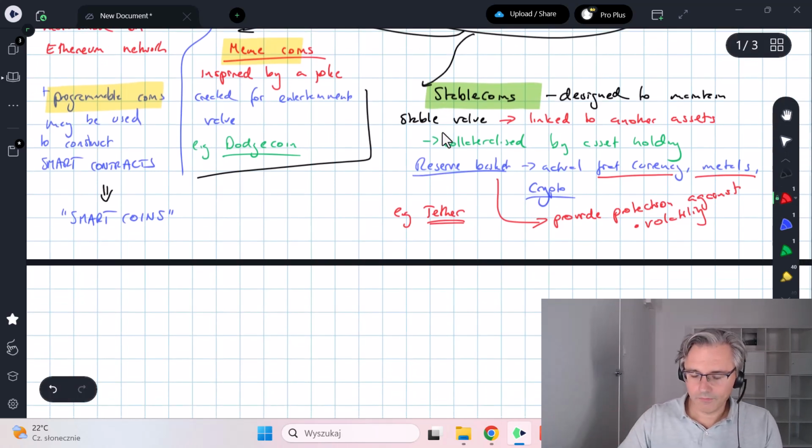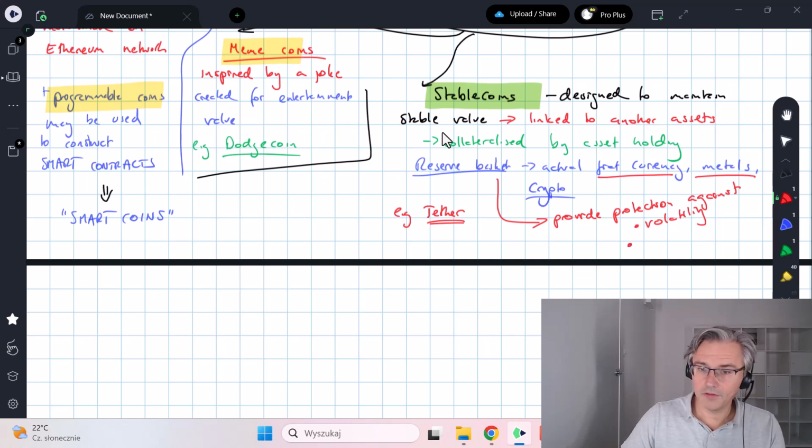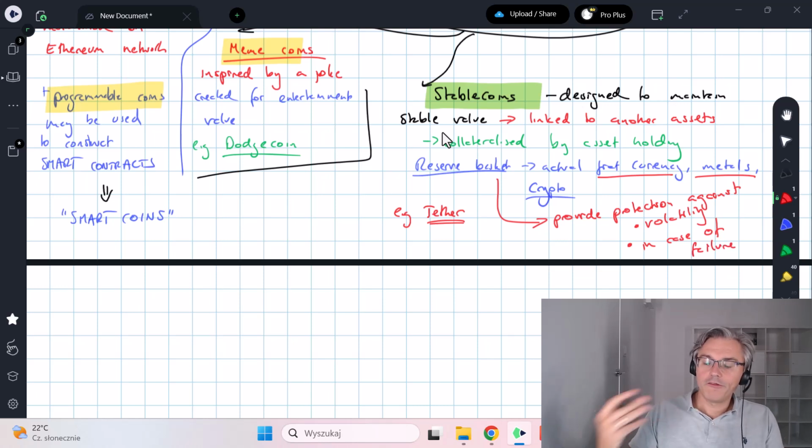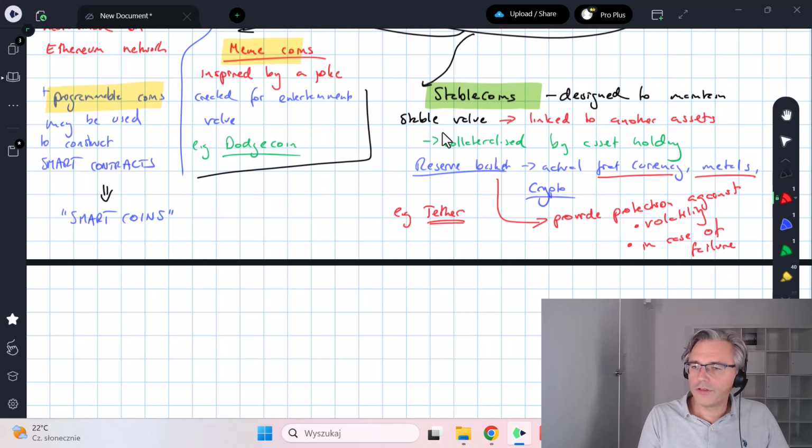However, those are not necessarily that stable at all. And also, in case of failure, if the whole thing crashes, at least there is that reserve basket which ensures there's some value there in the background.